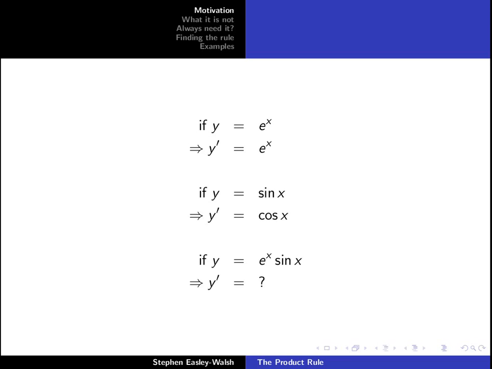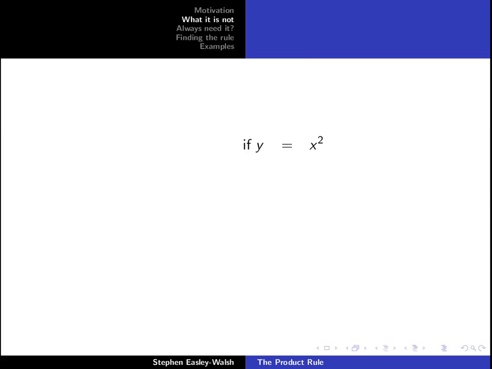We may think the derivative of e^x times sin x is just the derivative of e^x times the derivative of sin x. This is not the case. Let us look at an example of why this is not the case. If y is equal to x squared, we know that the derivative is 2x. But we can consider y as x times x.